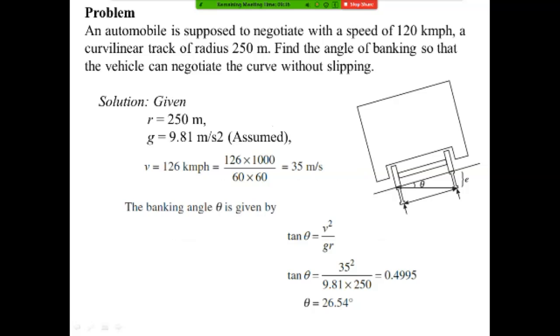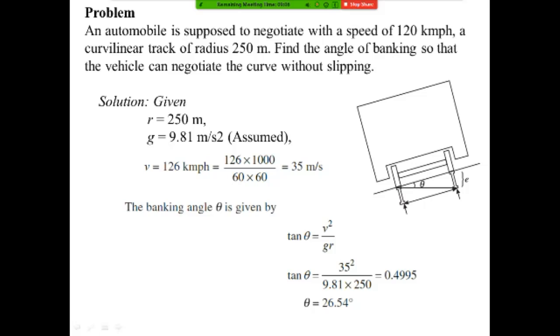In curves, they make the road with some angle to avoid centrifugal force. If I provide the road exactly horizontal, your vehicle with speed will go out of the road or overturn. To avoid overturning, they provide this.